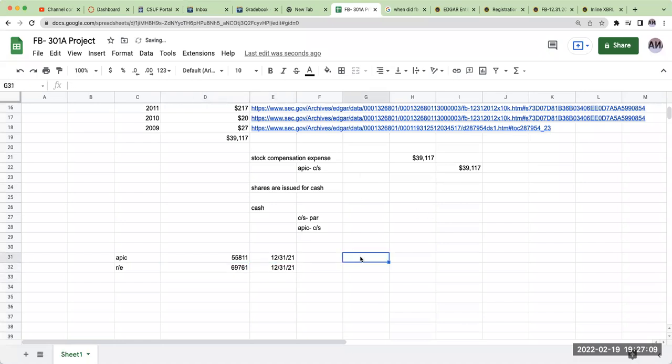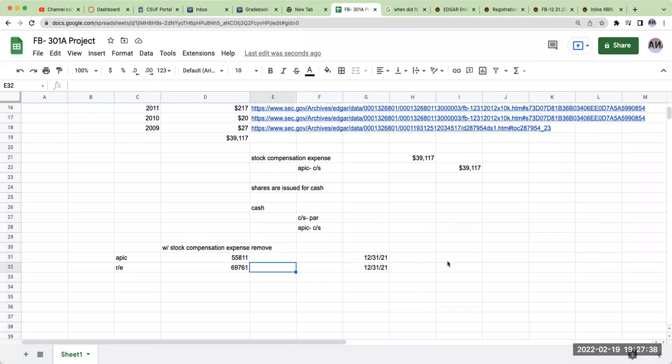Now, if the stock compensation expense was never recognized, what would you see happen? Well, the first thing is that with stock compensation expense, if we remove it, basically when this is debited, it reduces retained earnings.